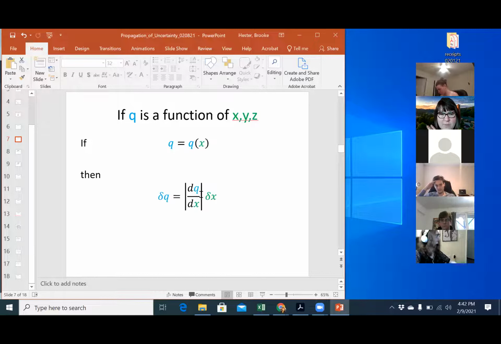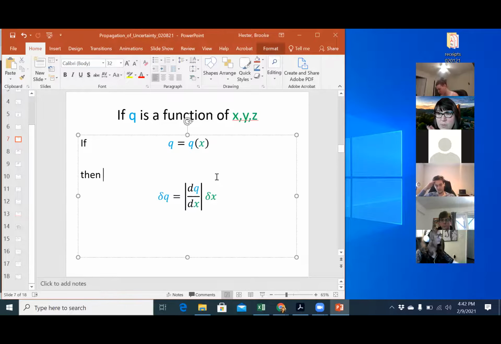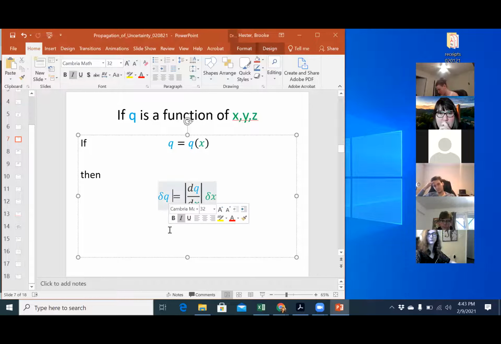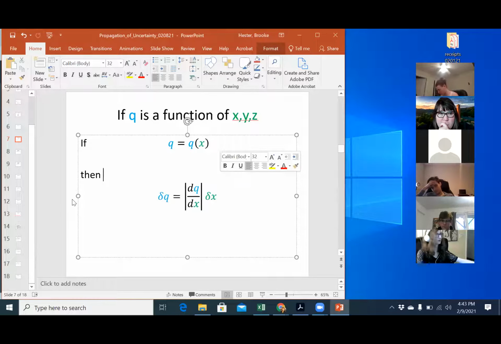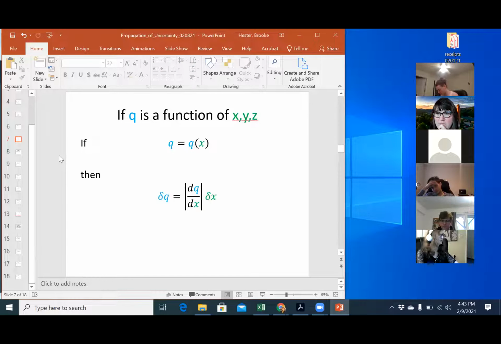And then we have the same units for dq, an infinitesimal bit of q, compared to delta q, the uncertainty of q. Those should have the same units as well. Okay, so questions about that? Function of x, y, and z.